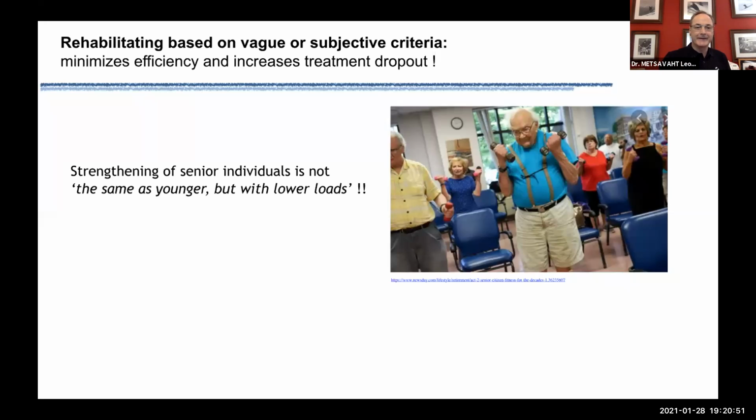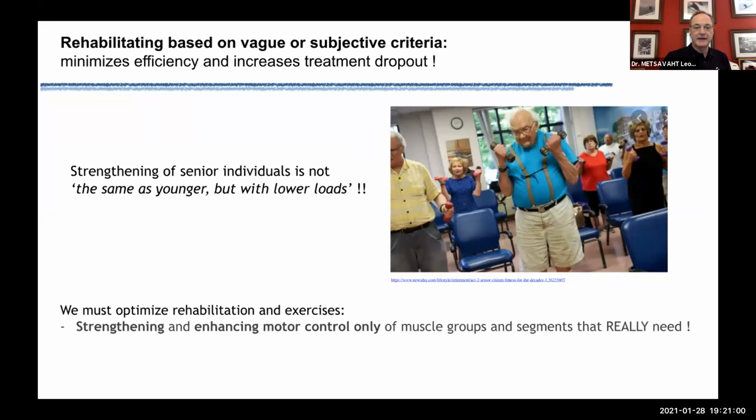And that's not the point. We must optimize rehabilitation exercises. We have to optimize for their needs, strengthening and enhancing motor control only of the muscles, groups and segments that really need.